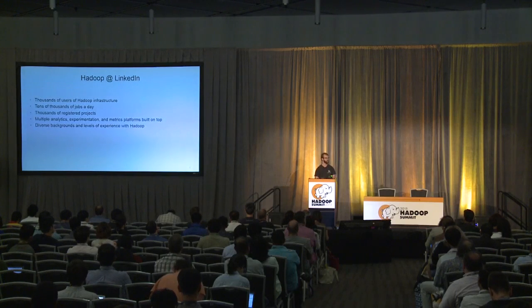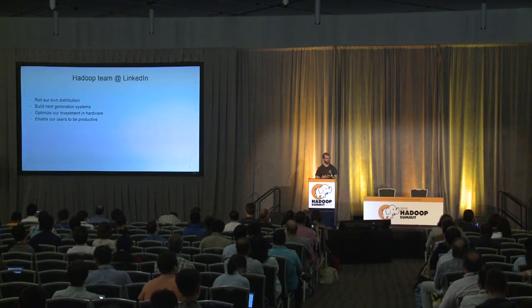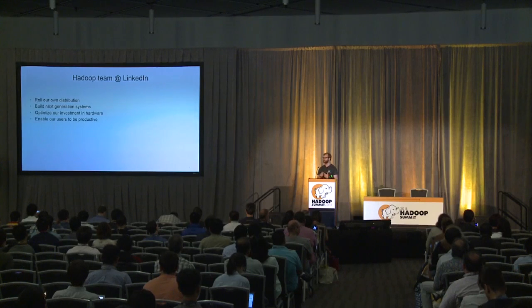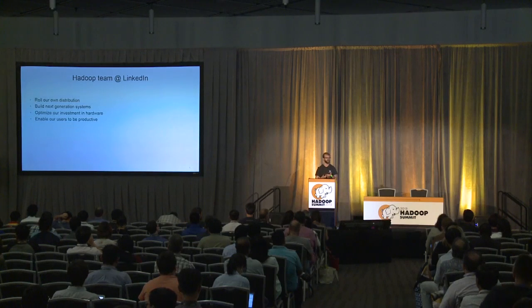These are the four key items that the Hadoop team, my team at LinkedIn, concerns ourselves with. Our core responsibility is that we take the upstream Apache releases, package them, backport any fixes that we need, and make sure that they work for the users at LinkedIn. When something's not available in open source, we build it ourselves.